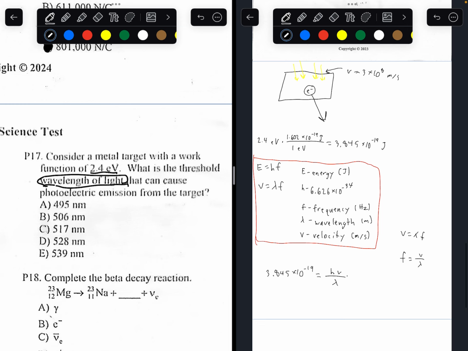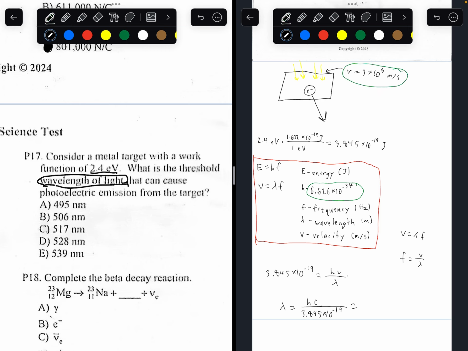So substituting, wavelength equals Planck's constant times the speed of light divided by 3.845 times 10 to the negative 19. So using the two constants that were given, I'll circle them in green: Planck's constant, speed of light.